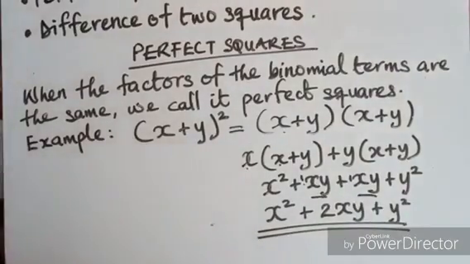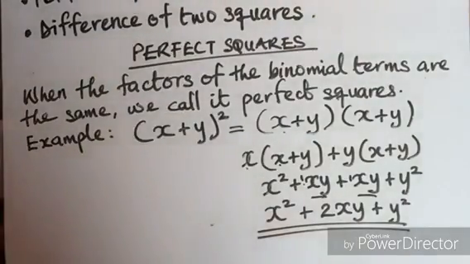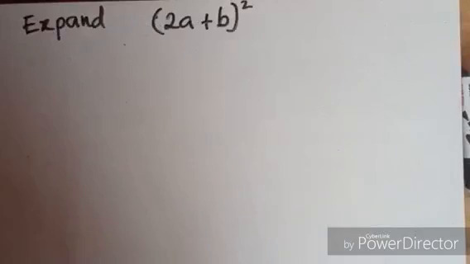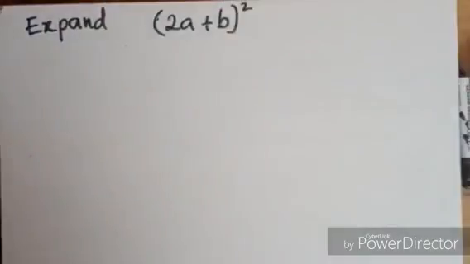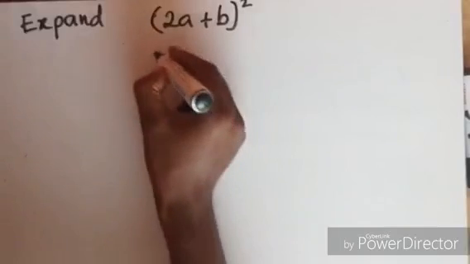Let us look at more examples which are BECE questions. Okay, so we've got 2a plus b all squared. So solution.